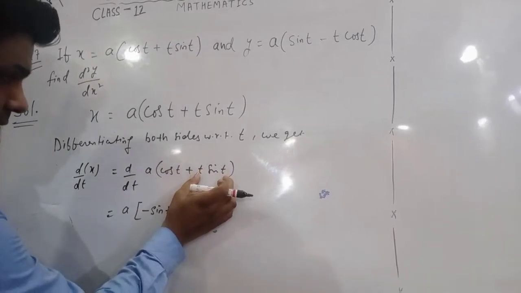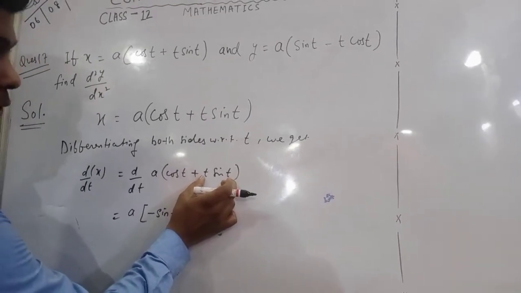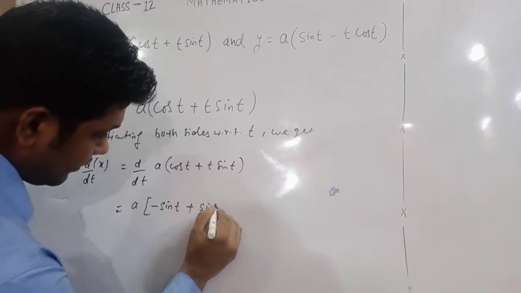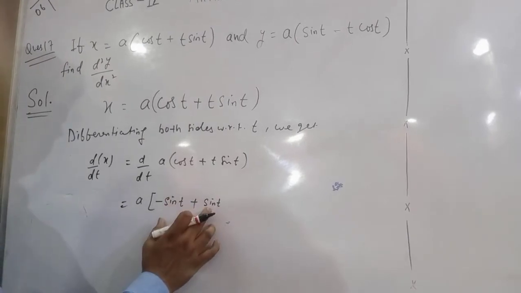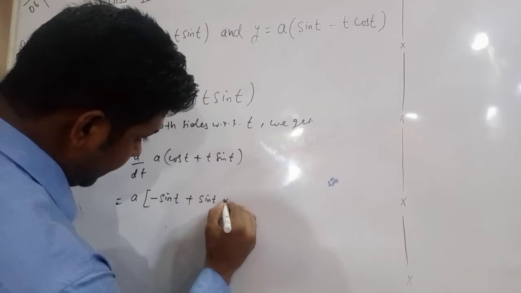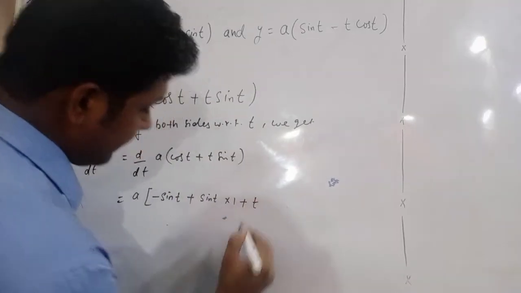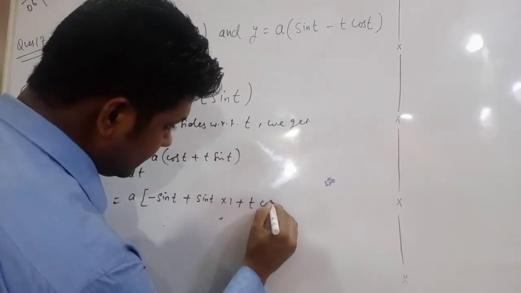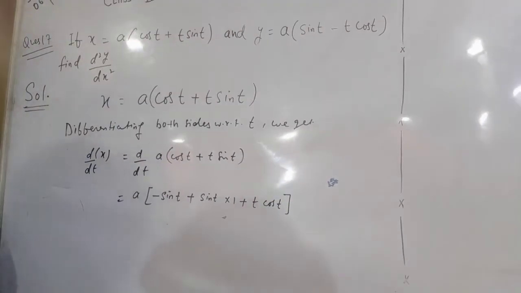And here, as you can see, there are two functions, so you have to apply product rule here. So in product rule, this is your first function, sin t is your second function. The second function will remain the same, and you have to find out the derivative of this t. That would be 1, plus this t will remain the same, and we have to differentiate the sin t, that is cos t. Fine. And you have to close the bracket.